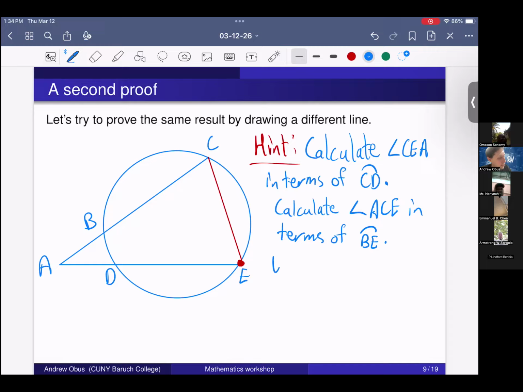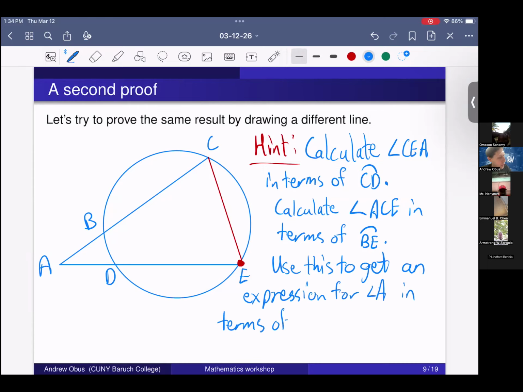Then use this to get an expression for angle A in terms of arc BD and arc CE. Okay, so this is a kind of sketch of a proof. I'll leave this as a hint for how to try to do the same result by drawing a different line. So this would give you a second proof of the same result.